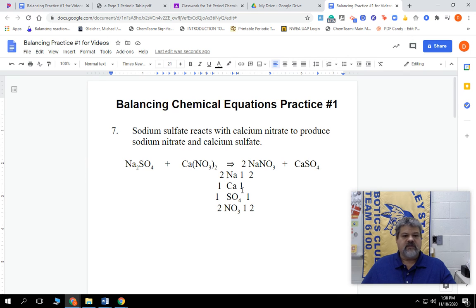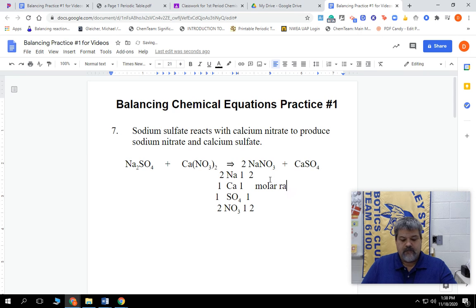Are we balanced? Let's go back and double check up here. 2 sodiums, 2 sodiums. 1 calcium, 1 calcium. 1 sulfate, 1 sulfate. Because there's no number here, right? And then nitrate, I have 2, and then I have this 2. So it means I have this nitrate 2 times. So we are balanced.